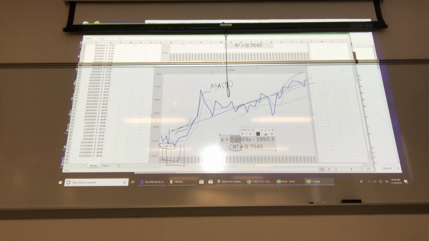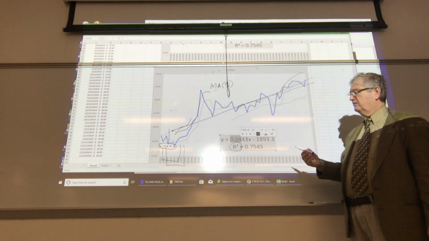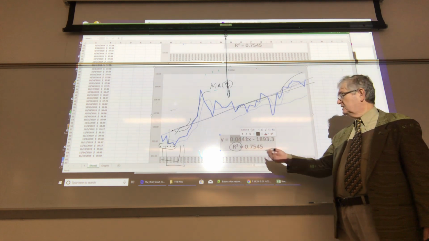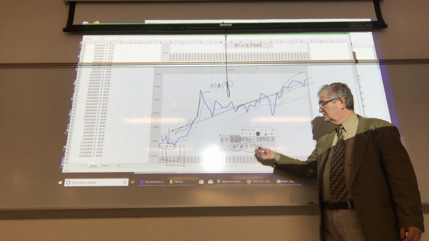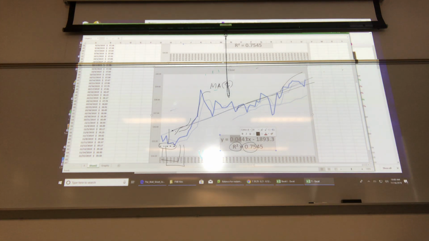If R squared is close to 100%, then the data are very close to the line. If R squared is smaller than 100%, say 75%, I do not have knowledge of 25% of the data fluctuation.